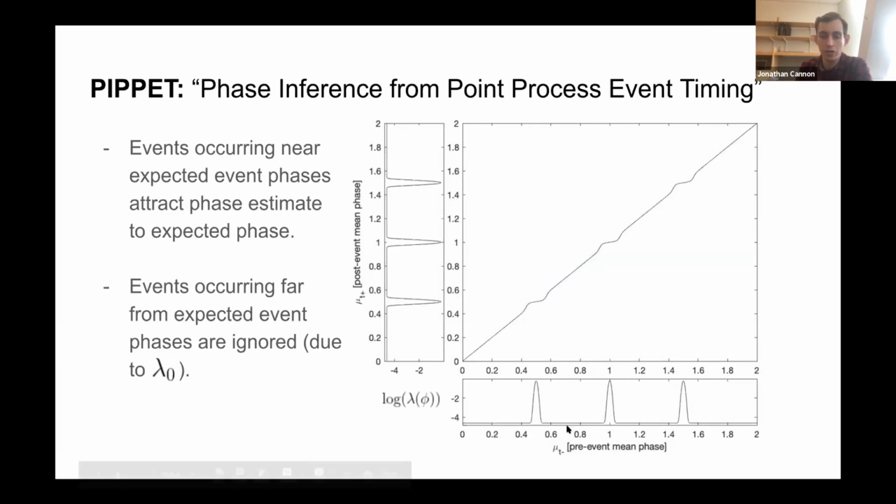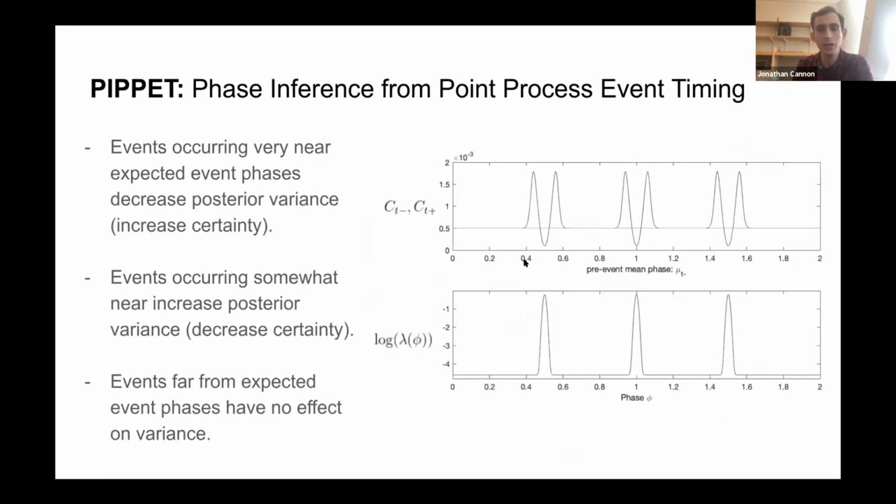But in between, you can see that if an event occurs in between expectations, then this diagonal line says that nothing happens to the phase. And that's actually because that event would be attributed to that background rate of events occurring that are not attached to a particular expectation. And so this phase adjustment gives us the ability to entrain our phase estimate to the underlying cycle.